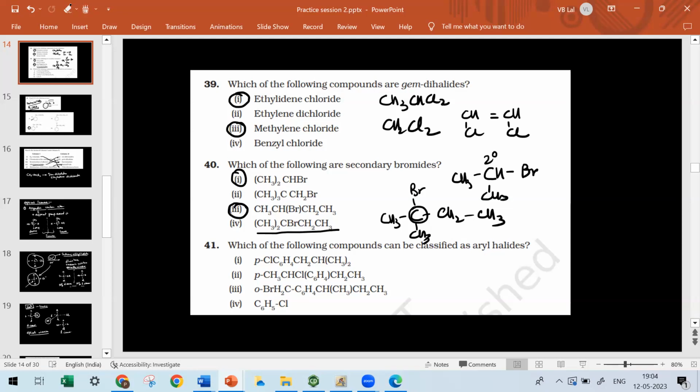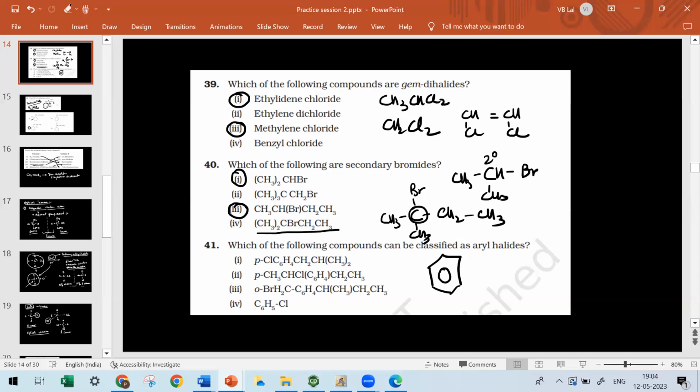Aryl halides are those where Cl is directly attached to the benzene ring. Now let us see. You should be able to write the actual structure. Here there is a C6H4, so there is a benzene ring, right?